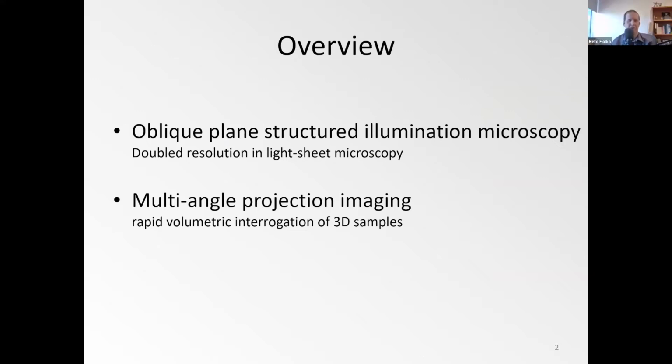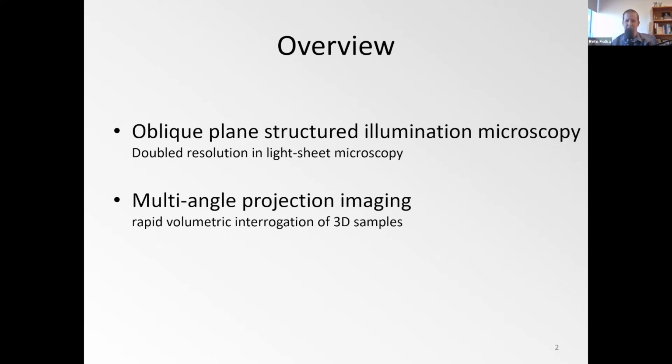In the second part, I will talk about a multi-angle projection imaging approach that we discovered based on some mathematical transforms that we essentially rediscovered and implemented in an optical computation format. And that allows, I call it here, volumetric interrogation, because the projection is not necessarily 3D imaging.